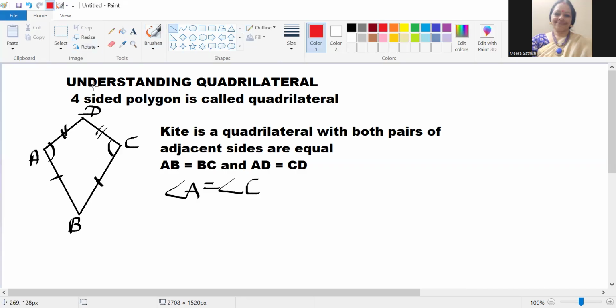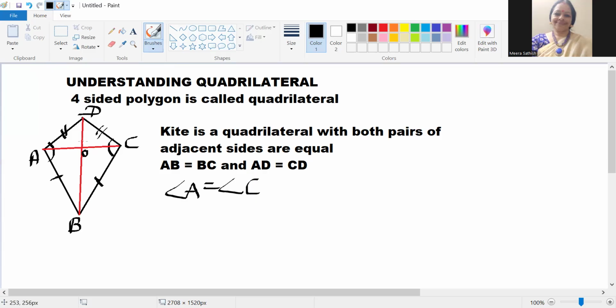The next speciality is their diagonal. What is a diagonal? A diagonal is the line segment connecting a vertex to a non-adjacent vertex, right? Here you can see one diagonal is longer and one diagonal is shorter. AC is shorter and BD is longer here.